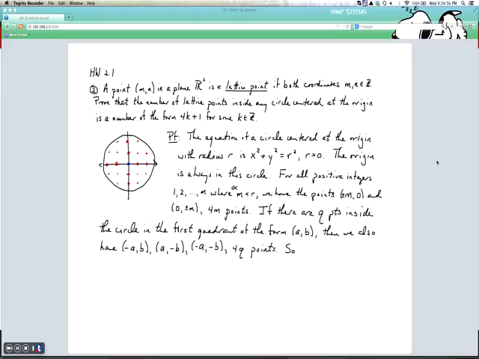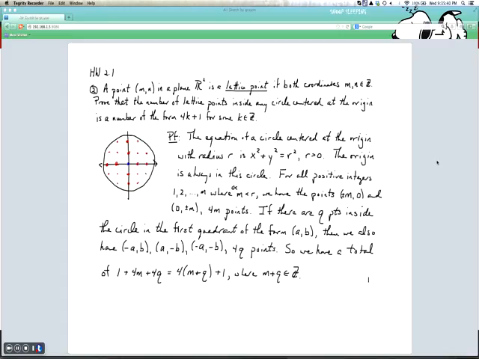So we have a total of the 1, and then the 4m for all those points along the axes, and then the 4Q, which is equal to 4 times (m plus Q) plus 1, where m plus Q is most definitely an integer.